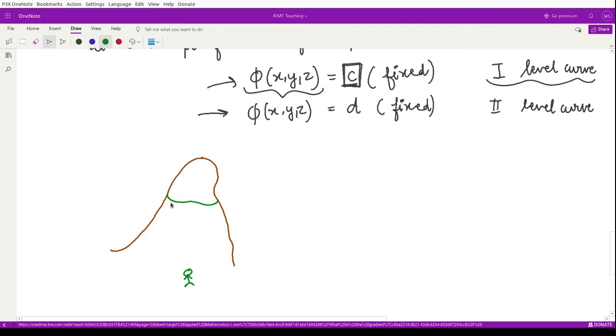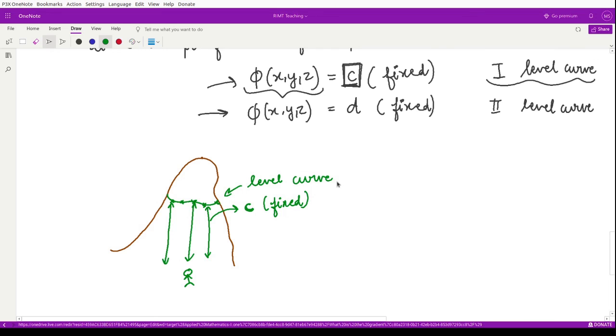Moreover, if I assume that this curve represents the same height from the ground at every point, say here, here, or here, the height is going to remain the same, which is some constant quantity. Say this height is equal to c, which is fixed. In that case, I can call this curve a level curve.